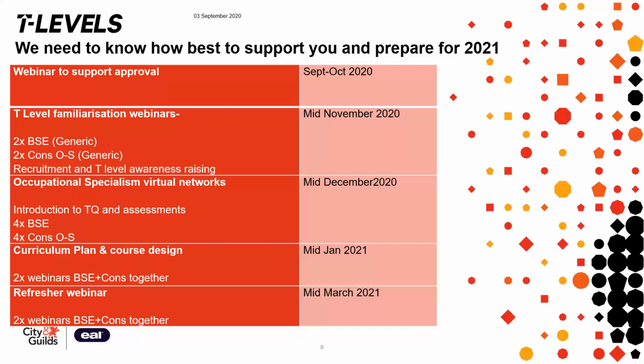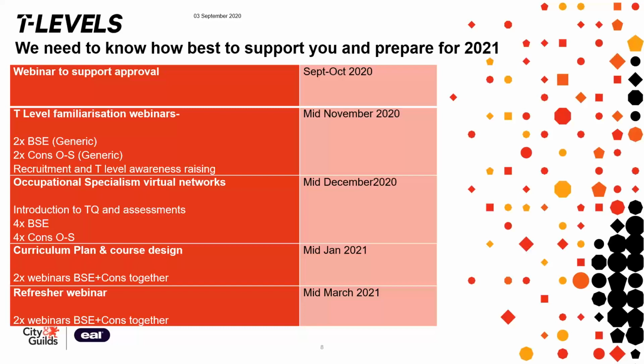We have some T-level familiarisation webinars planned for mid-November 2020. There's going to be 2 BSE generic ones and 2 construction generic ones as well. And really these webinars are about recruitment and T-level awareness raising.